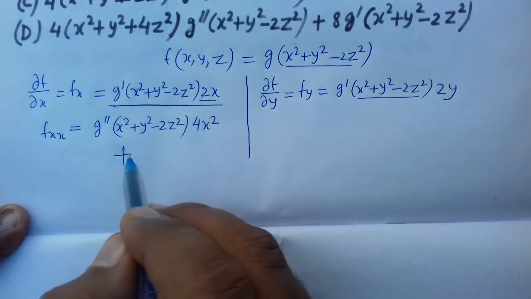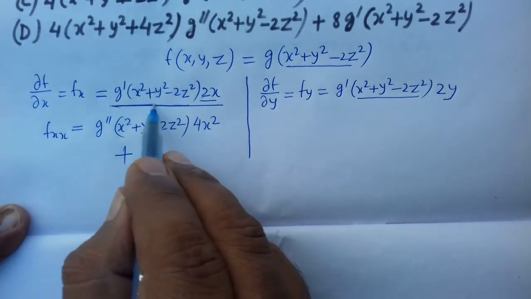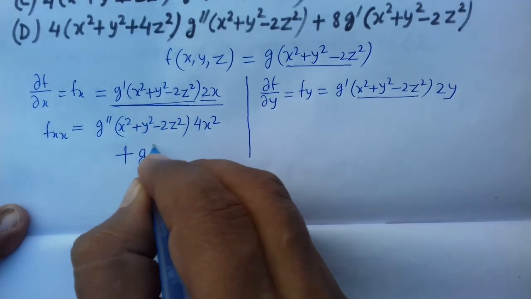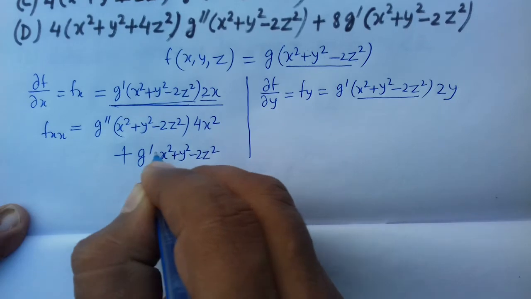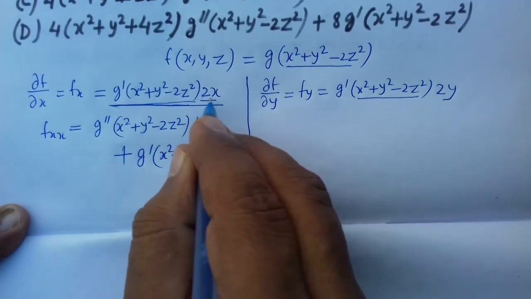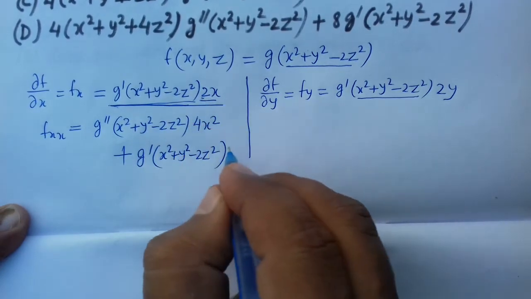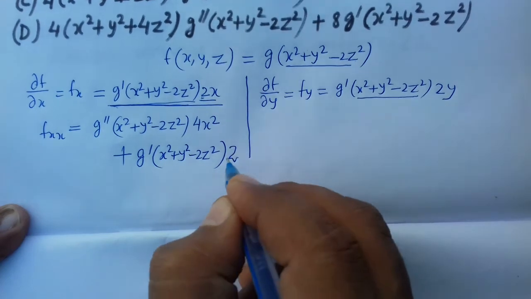After the plus sign, keep the first as constant, and differentiate the second, and differentiation of 2x with respect to x will be 2.